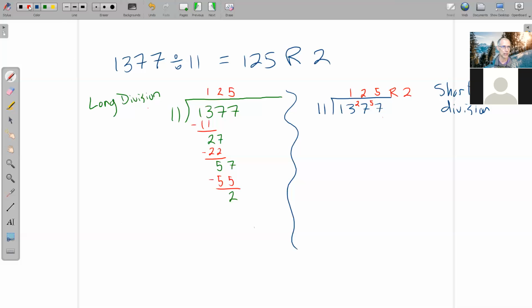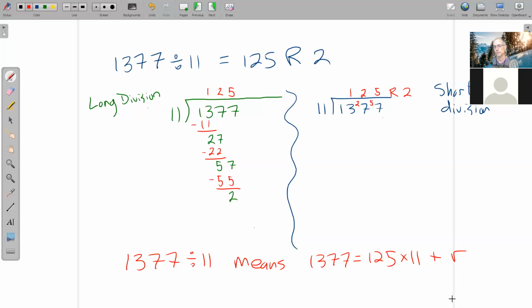What Amanda put in the chat was 1,377 divided by 11 means, once we get the calculator part going, that 1,377 equals 125 times 11 plus what?